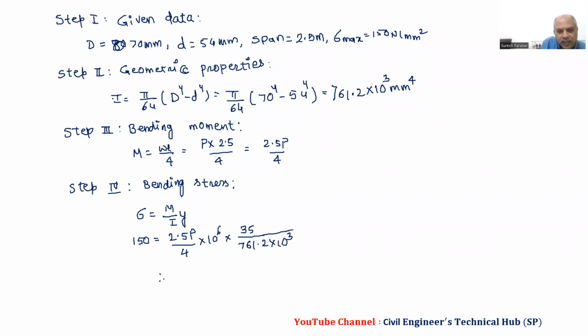If we solve this, we will get the value of P, that is equal to 5.22 kilonewtons. As this is in kilonewton meters, P is in kilonewtons. So if we solve this, we get P equal to 5.22 kilonewton.